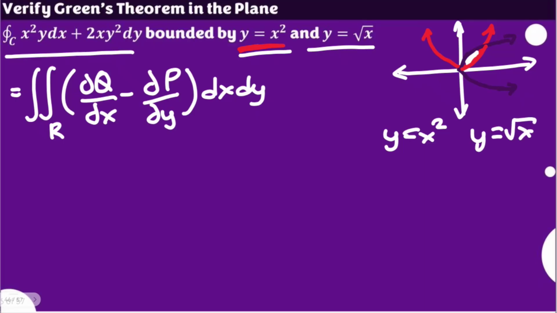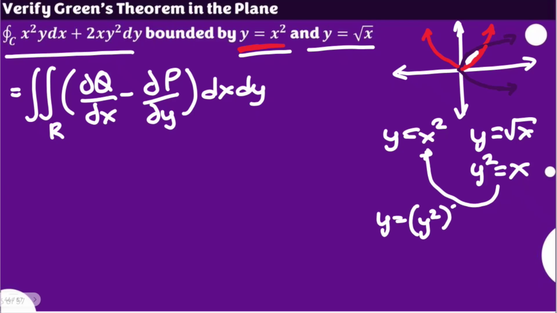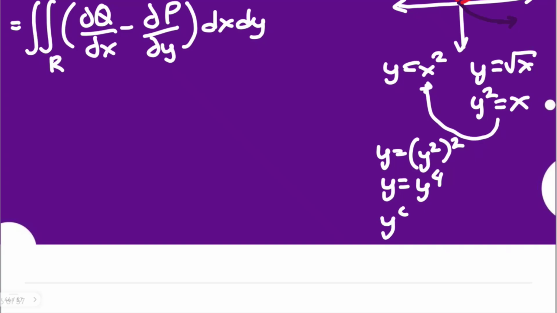Meaning, if we square both sides, y squared is equal to x. Let's substitute here. Y is equal to x, which is y squared, which gives us y is equal to y to the power of 4. Solving, y to the power of 4 minus y is equal to 0. You will have y times (y cubed minus 1) equal to 0.